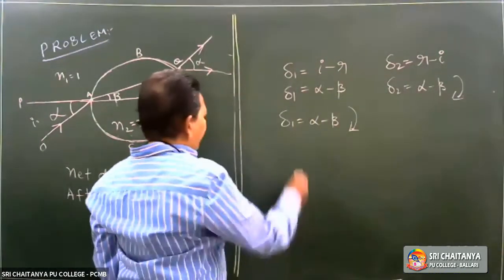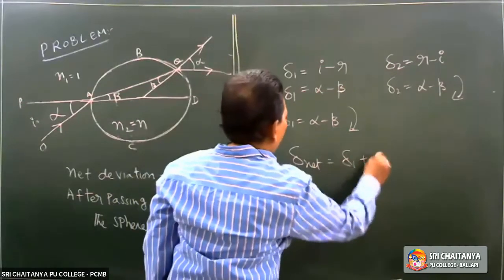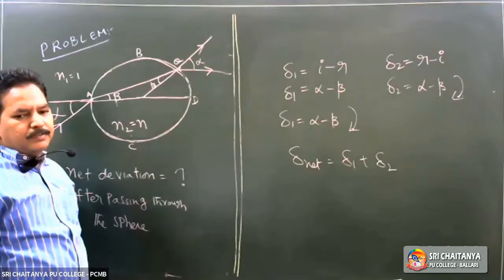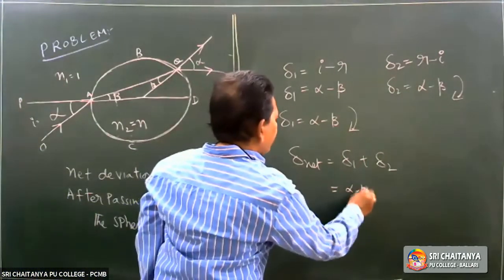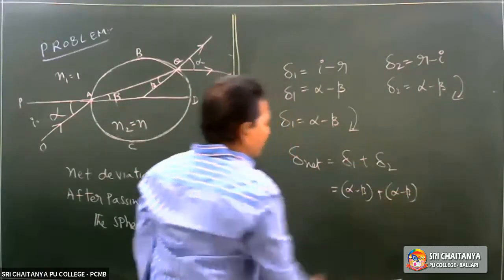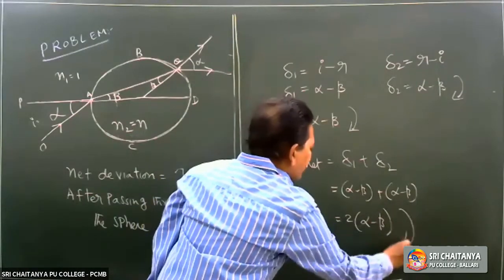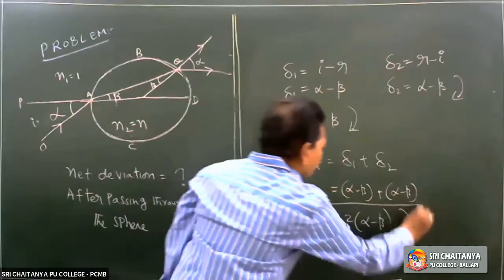Therefore, net deviation is delta 1 plus delta 2, which is alpha minus beta plus alpha minus beta, that is 2 into alpha minus beta, clockwise.